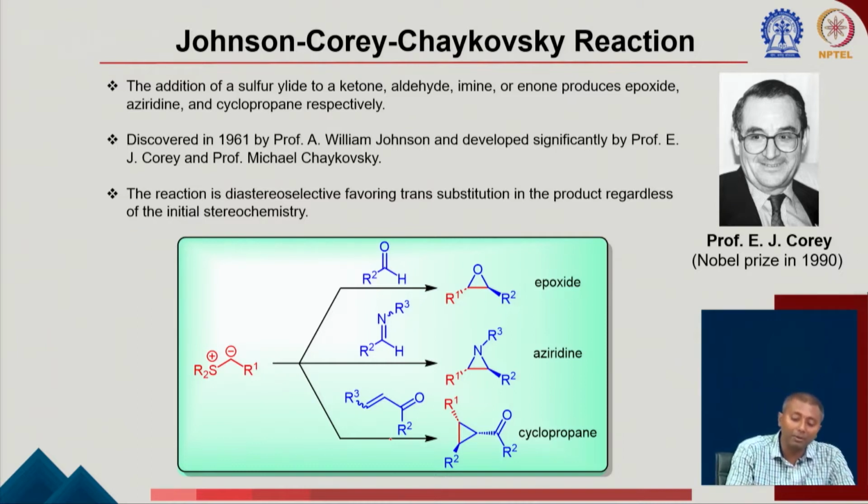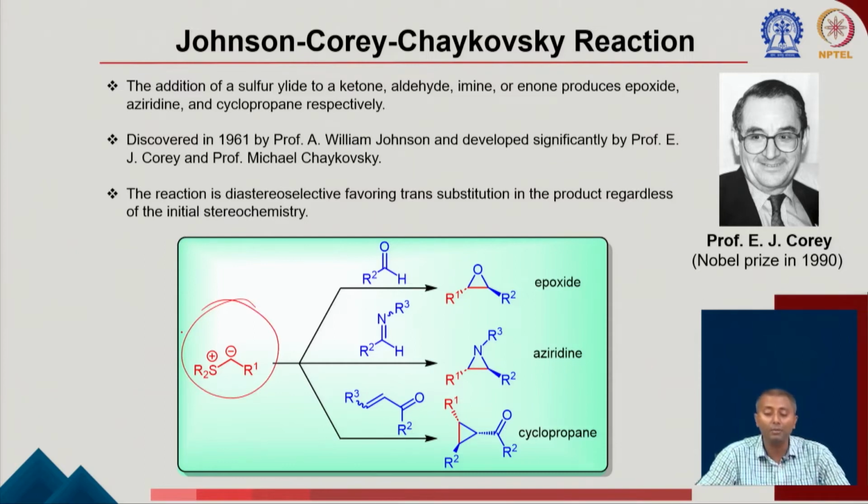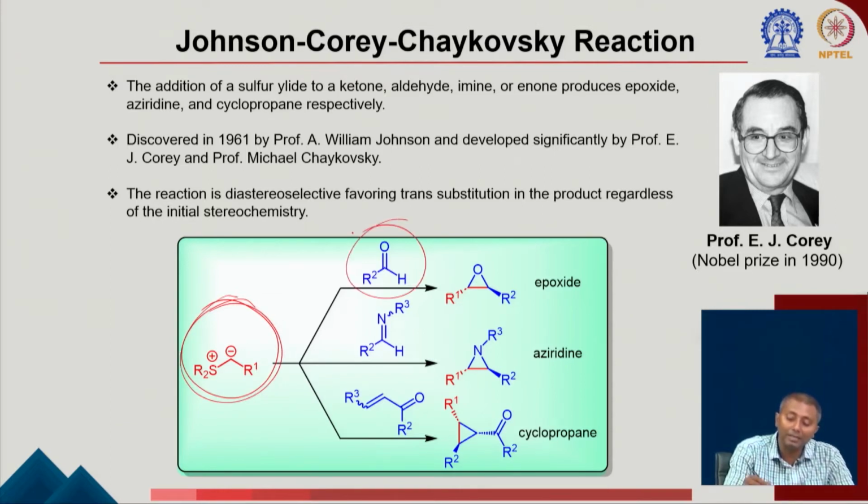Here I am going to talk about a reaction. I think I already mentioned it when I talked about stabilized and unstabilized ylides, but as I did not have much time, I only gave the name of the reaction. Here I am introducing that once you have this ylide and it attacks the corresponding aldehyde, you will be able to generate an epoxide. The important thing to understand is that regardless of the geometry, you end up getting the trans epoxide.